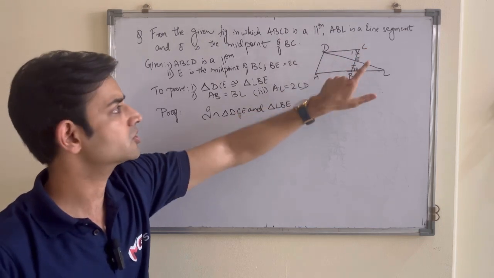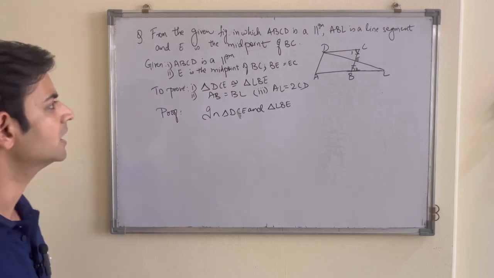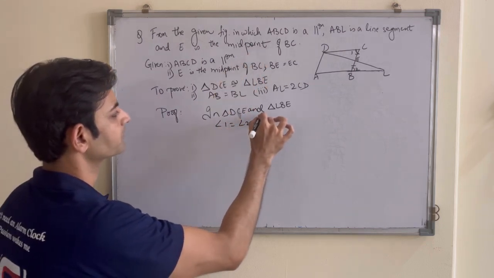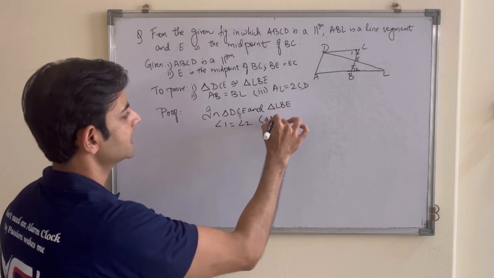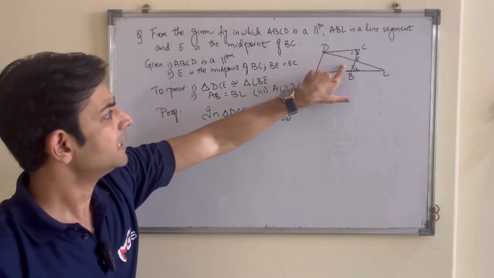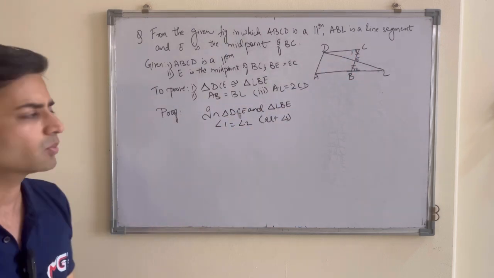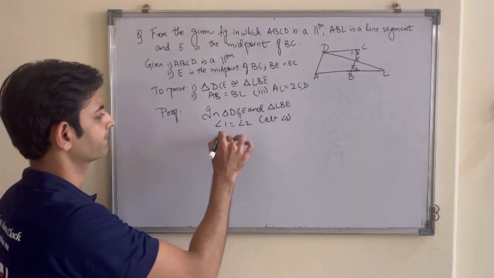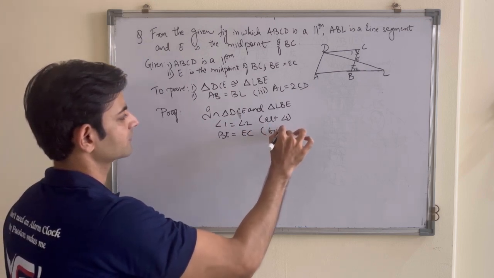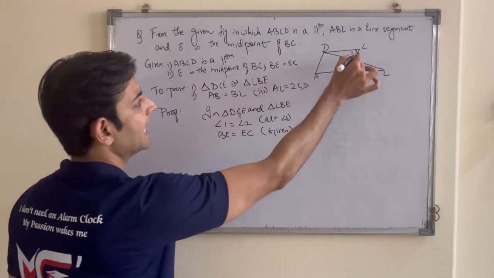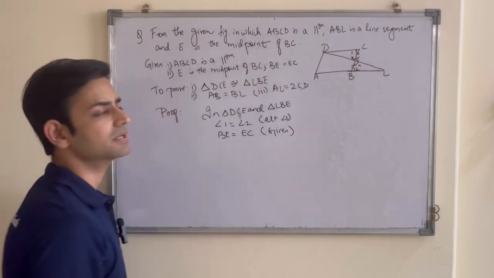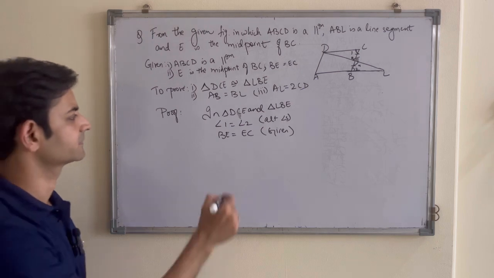So 1 and 2 are the alternate angles here. So I can say angle 1 is equal to angle 2, alternate angles. BE is equal to EC, that is given to us. And angle 3 is equal to angle 4, because they are vertically opposite angles.